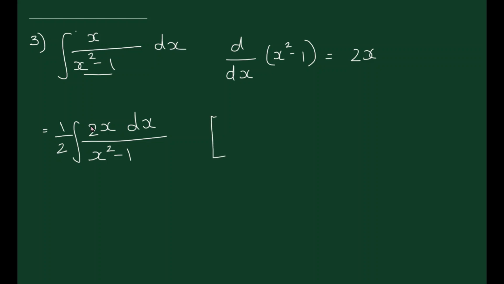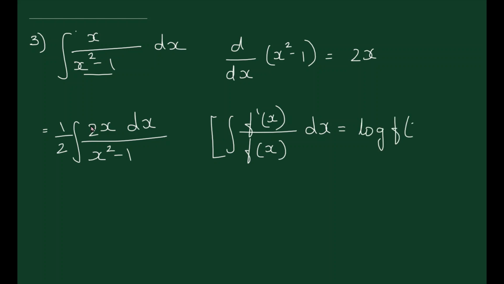Now see, when you take out the derivative of x square minus 1, what do you get? You get 2x, isn't it? So this function is of this form, that is f dash x upon fx dx. And the answer is going to be log fx plus c.